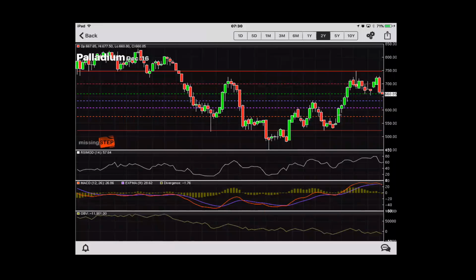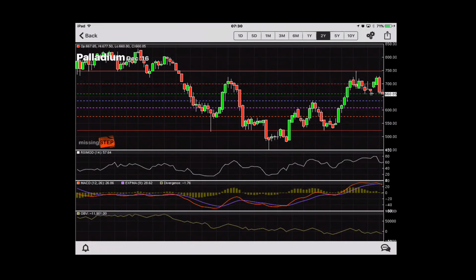All right, palladium. The other white metal. I talked about selling this one off hard last week. It did come back down. These are Fibonacci lines, so there's a pause here. Anytime there's a Fibonacci line, if you wanted to do covered writing, that's what I would do, and you could just walk it down depending upon how many contracts you have.